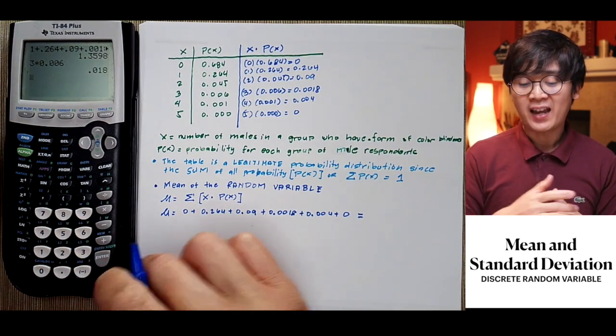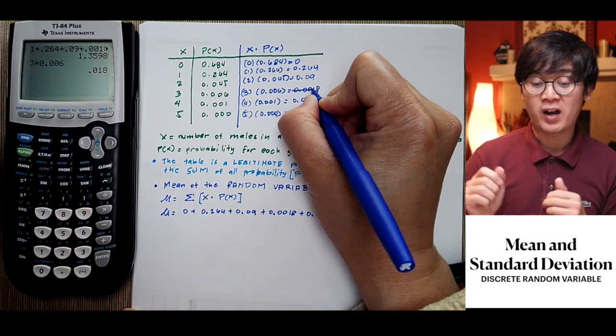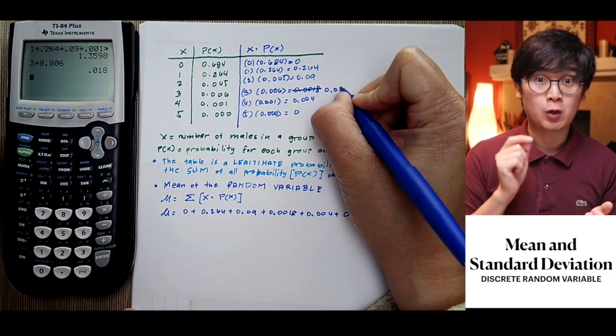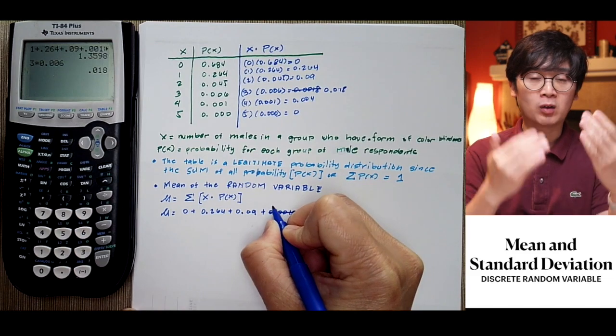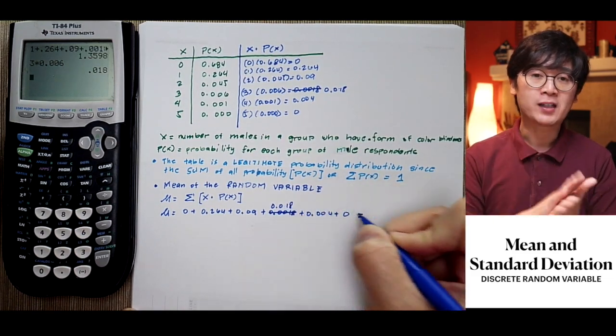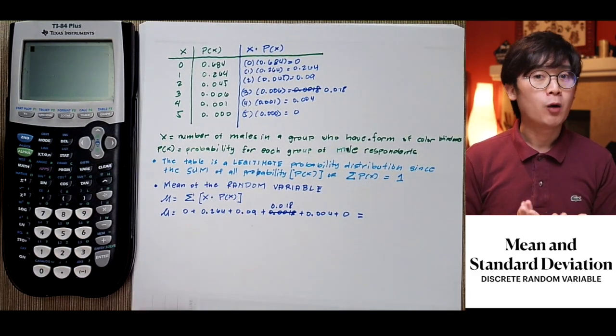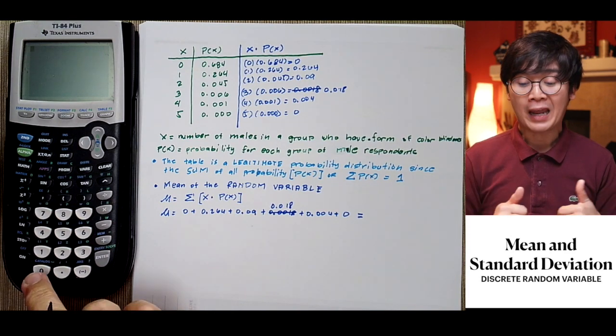That's why instead of writing 0.018, I wrote 0.0018, which is wrong, and one small mistake like that will ruin your calculation. So make sure that you are being careful with your calculation so that you don't end up with the wrong answer.